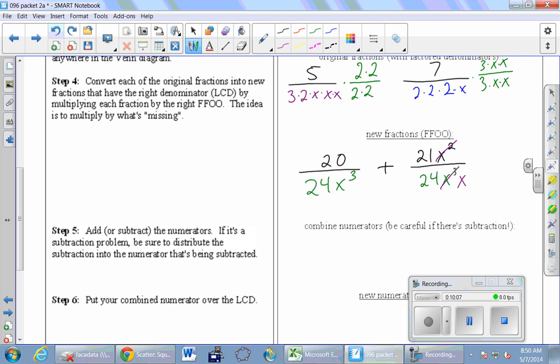Only multiplication is when you're allowed to cancel. We don't have any adding and subtracting, so it's totally legal to cancel those things. Should we cancel those things? No, why not? You did all that work to get the same denominator. So even though it's allowed to cancel them, maybe you have an urge to cancel them, don't.